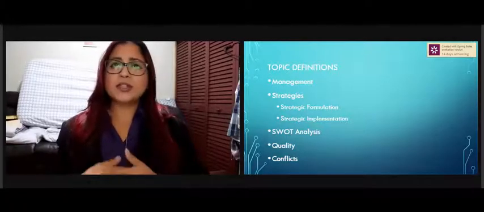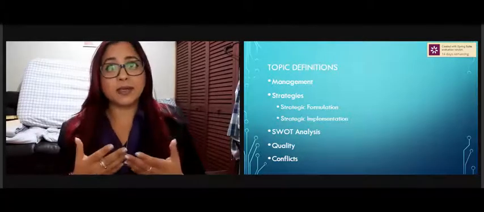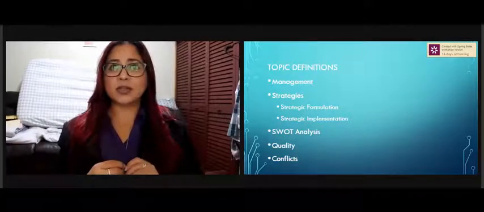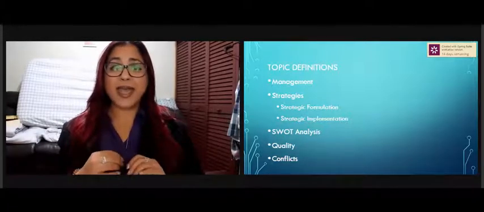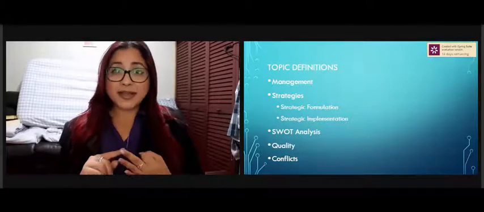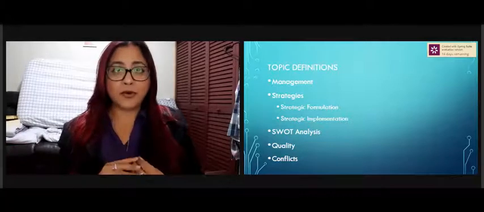The strategies are plans placed by the leaders, aka management, to achieve a specific goal. These plans usually are for long term and contain tasks, decisions, measurements, and expectations about the company's performance.